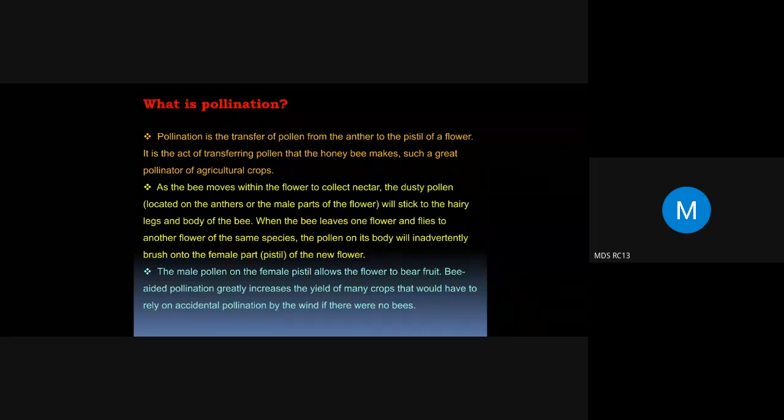If there were no bees, only pollination through wind might have happened, or some other insect might have been involved. In that situation, pollination chances are very little, and within a few generations, that species may go extinct. So the presence of honeybees is very important for numerous crops, not one or two. Many crops are dependent on honeybees for pollination.